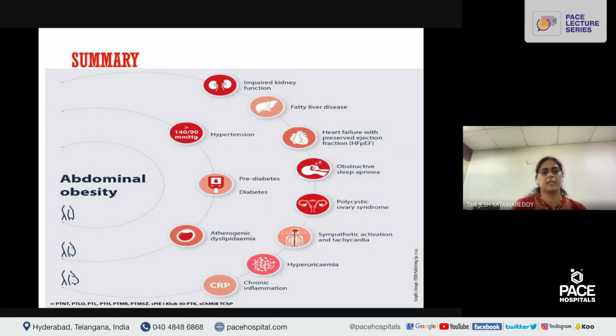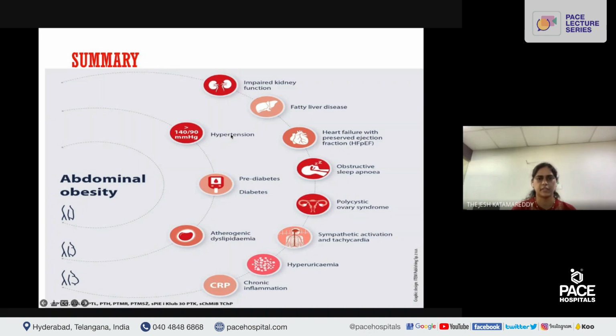In summary, the main risk factor of metabolic syndrome is abdominal obesity. If it's normal, there is no problem. As and when the abdominal obesity increases, all these conditions come out, like dyslipidemia, prediabetes, and hypertension.